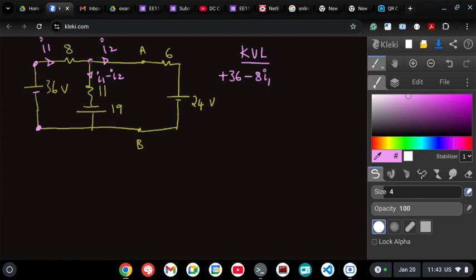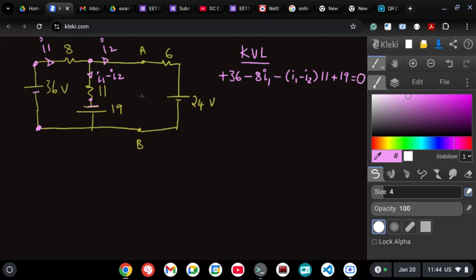I reach this point. Now I go downwards, so minus (I1 minus I2) into 11. Now I am at this point, going negative to positive, so voltage is increasing, so plus 19 equal to 0. This is the one equation which I got from the left side part of the circuit.